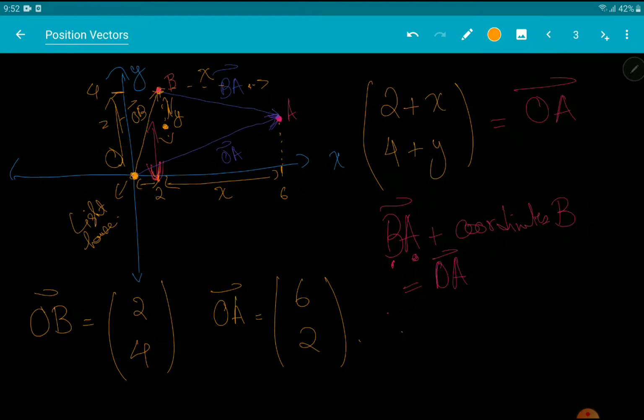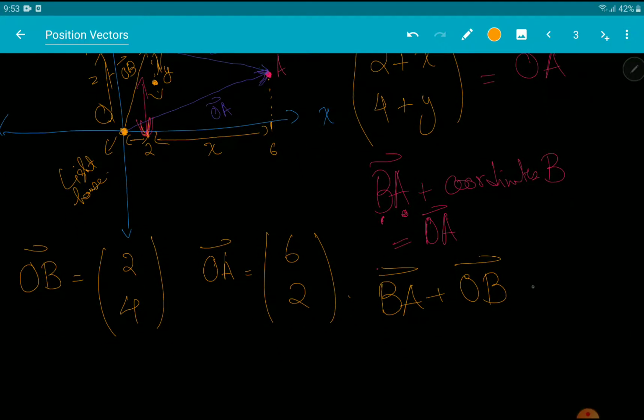Let me write in a new color. BA plus, let's say, OB, right? BA plus OB equals OA, right? And since BA is unknown, we can move it around.